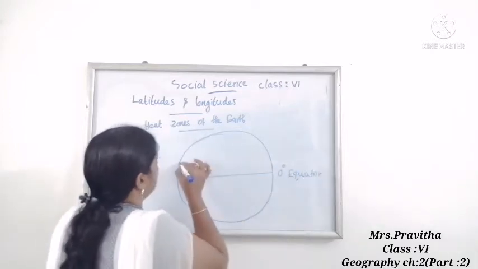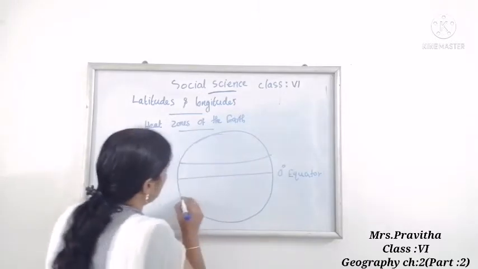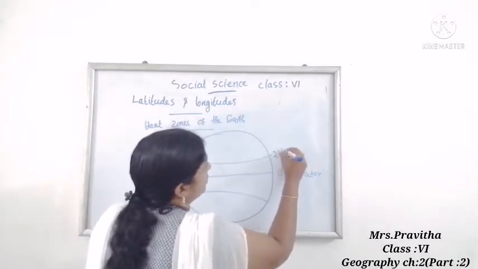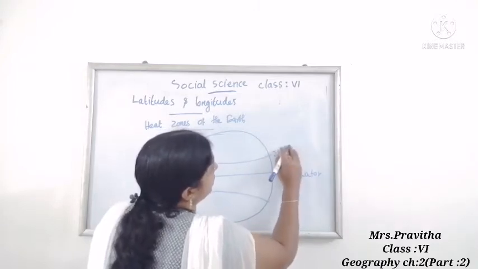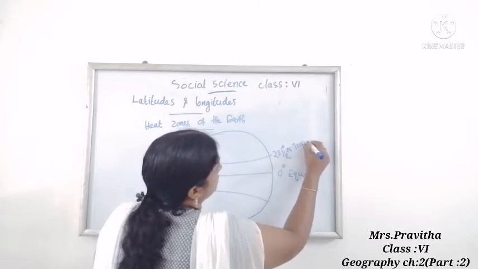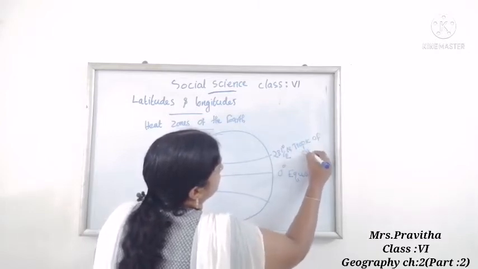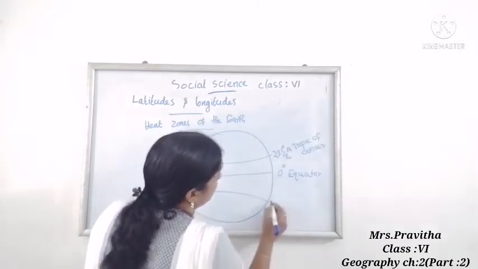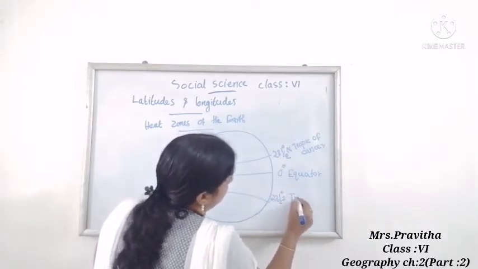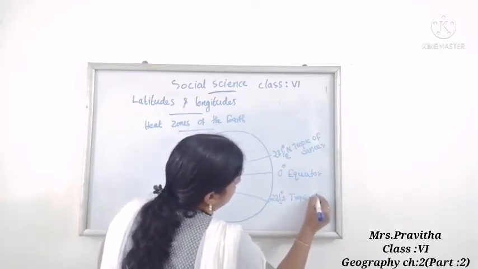Then we studied the Tropic of Cancer and Tropic of Capricorn. 23.5 degrees north is the Tropic of Cancer, and 23.5 degrees south is the Tropic of Capricorn.